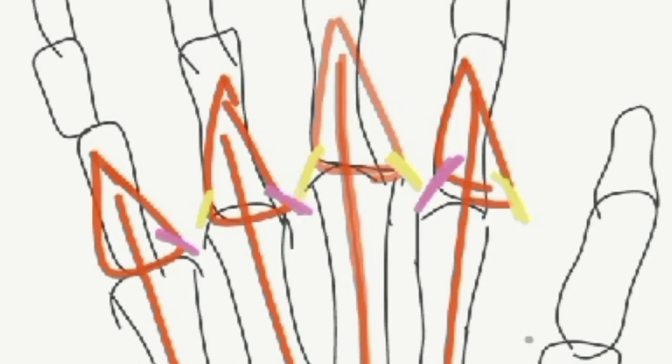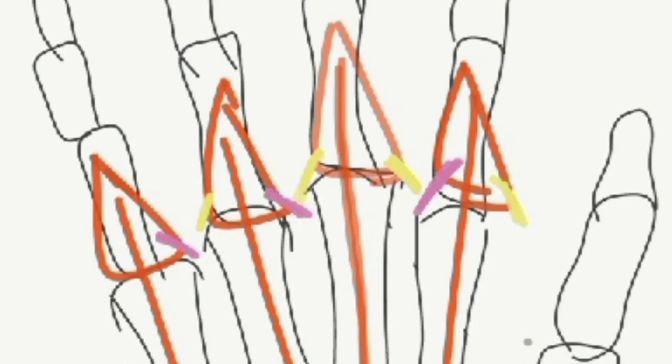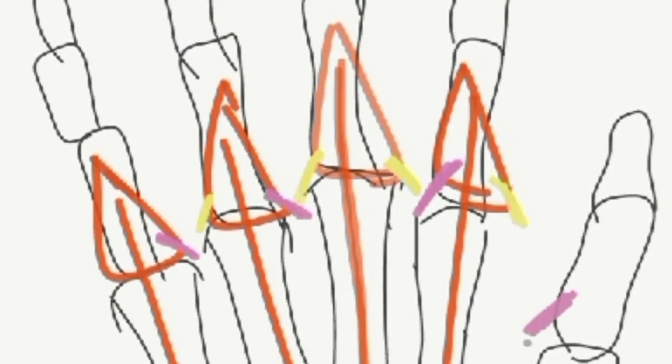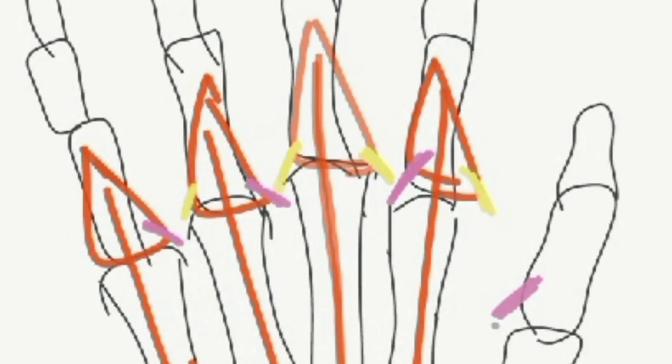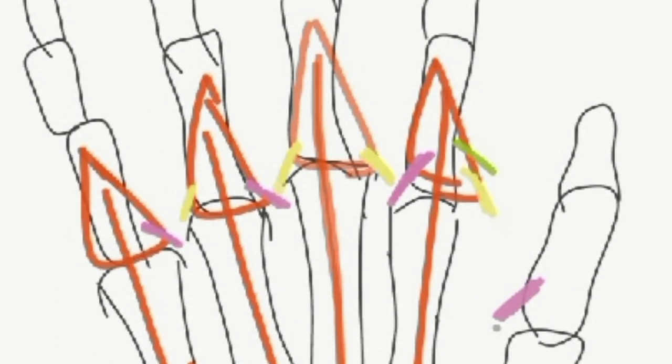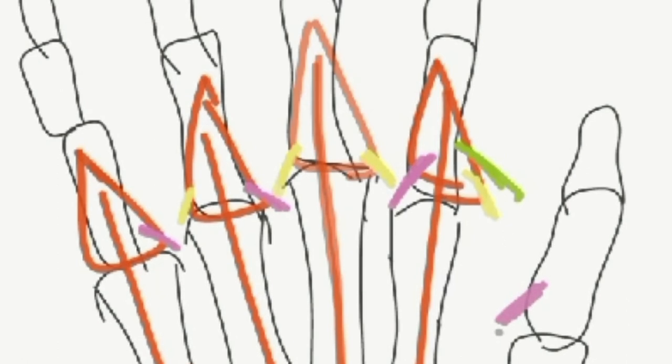Now the palmar interossei: the first palmar interossei is inserted into the proximal phalanx of the thumb, the second palmar interossei over the ulnar side of the index finger, the third palmar interossei on the radial side of the ring finger and the fourth palmar interossei on the radial side of the little finger.